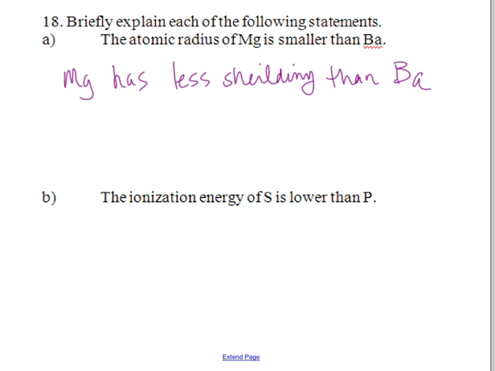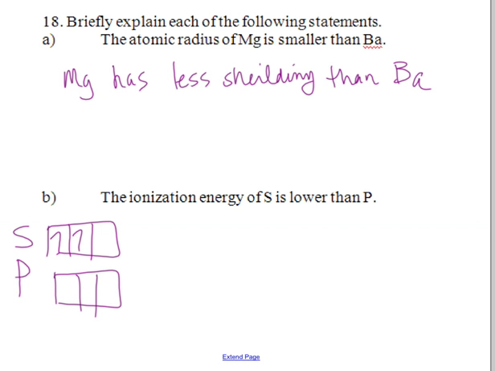Okay, the ionization energy of S, oh Lord, is lower than that of P. So I'm just going to draw out my P orbitals here. My S has 4, and my P has only 3. So why is it easier to remove the S?